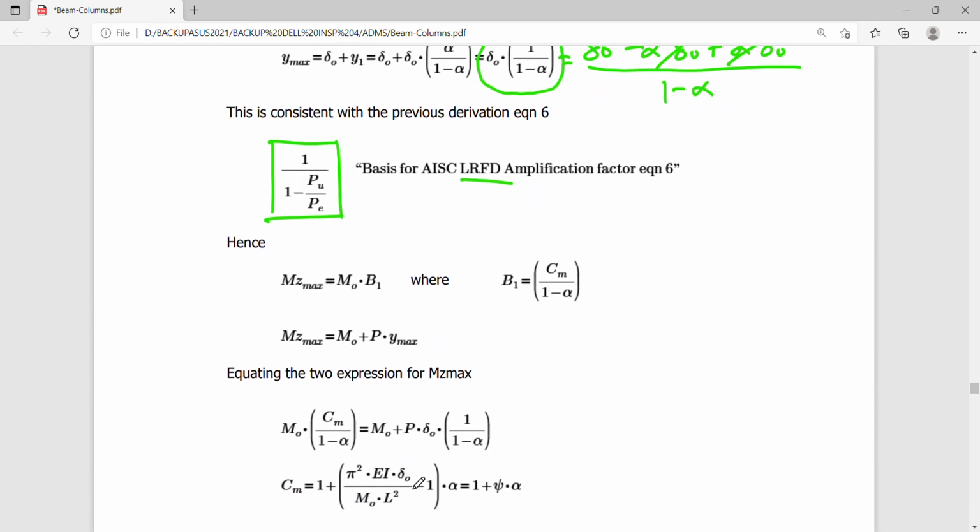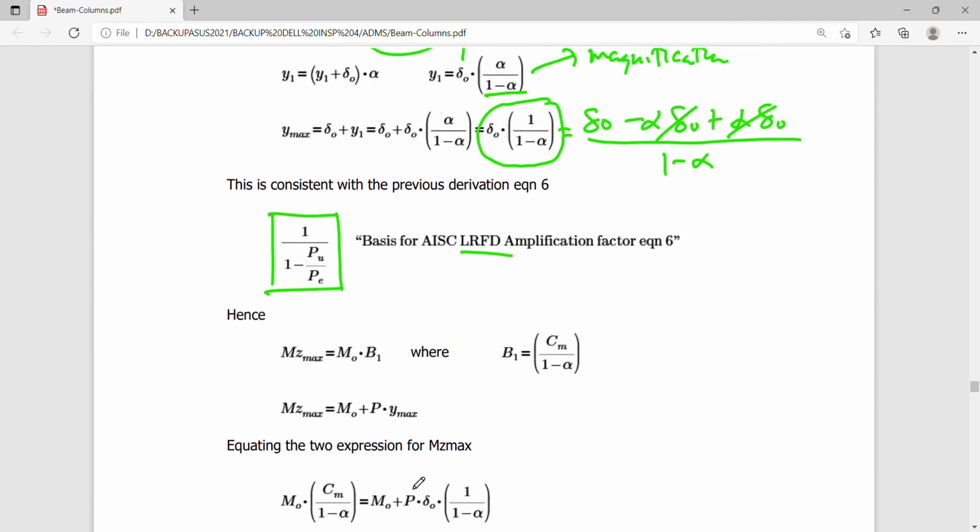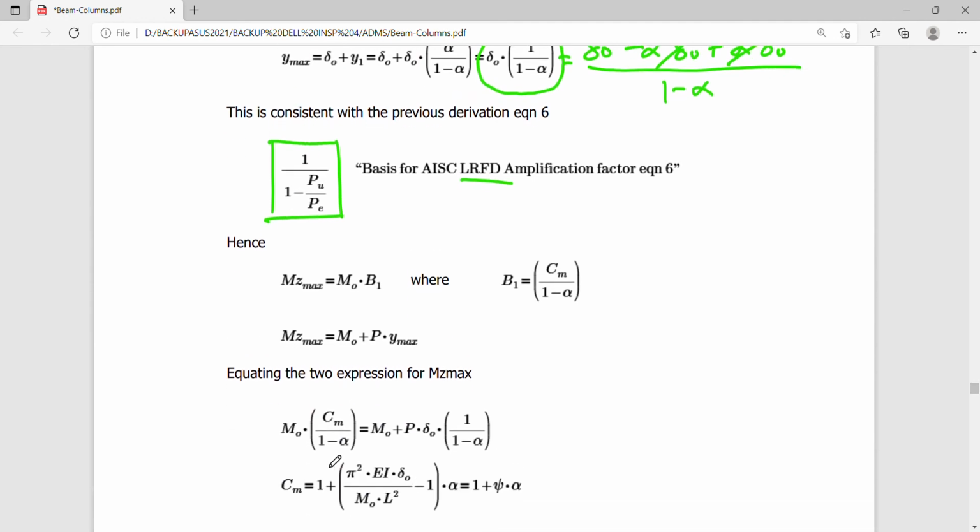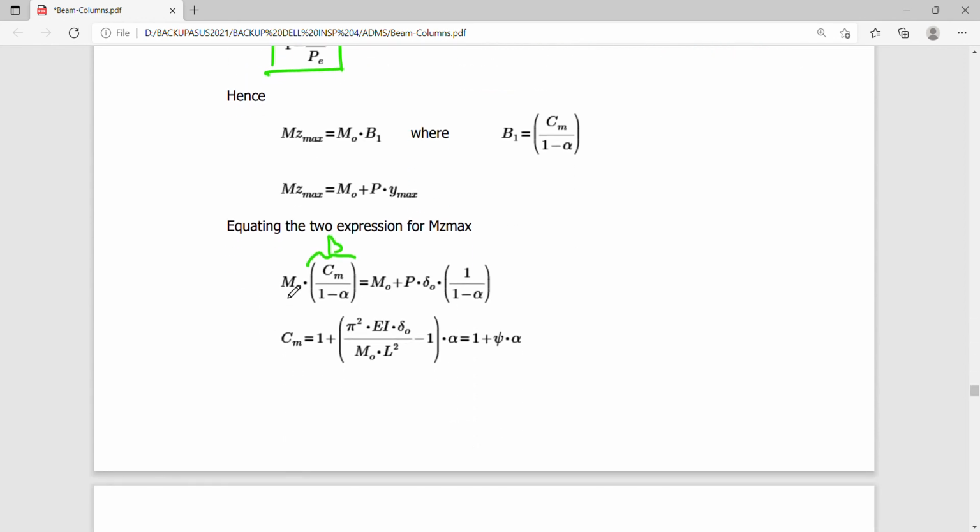Equating these two expressions, we can say that MO times B1 is simply equal to this one here, where y max was substituted in terms of the value delta O times 1 over 1 minus alpha. Hence, Cm can now be derived by some manipulations. So we have a Cm value here, which is this one.